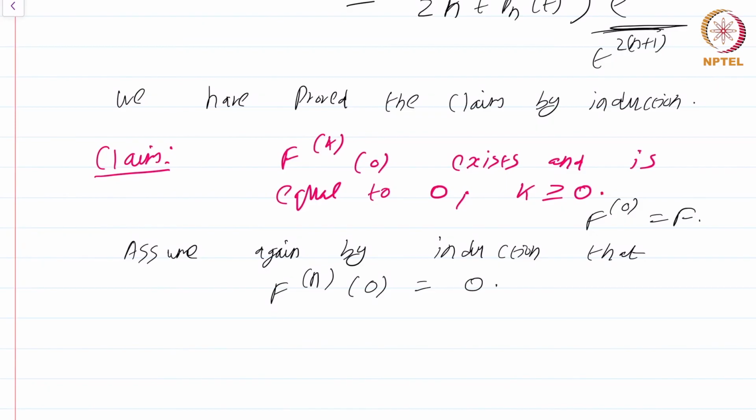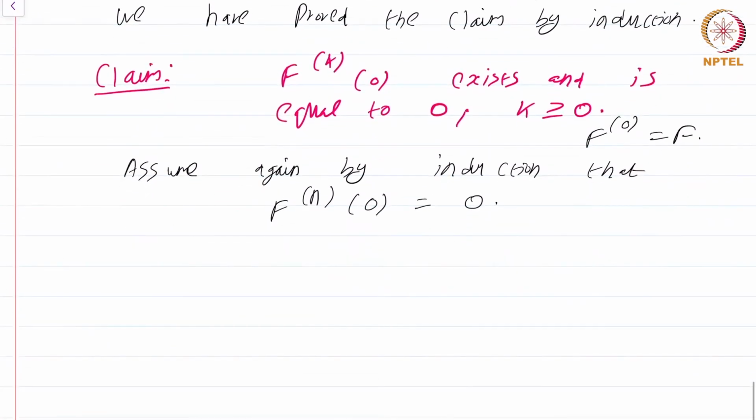So you're taking f^(n)(0), and we are assuming that it's going to be 0, and we want to compute the (n+1)th derivative of f at the origin. Again, what you do is, this is nothing but the limit as t goes to 0 plus of (f^(n)(t) minus f^(n)(0)) divided by t.